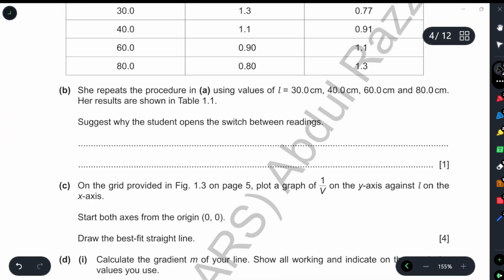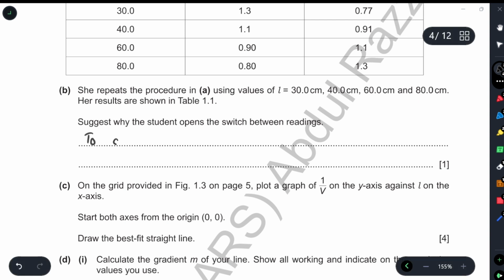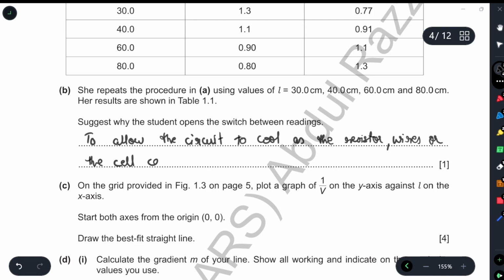So here you will write: to allow the circuit to cool down, as the resistor, wires or the cell can get heated.